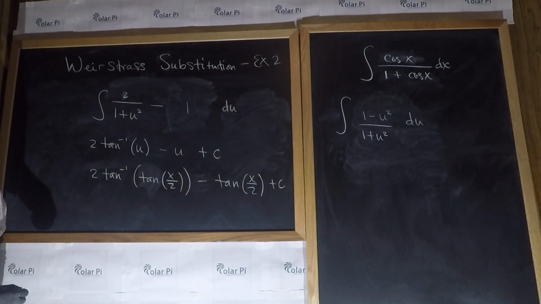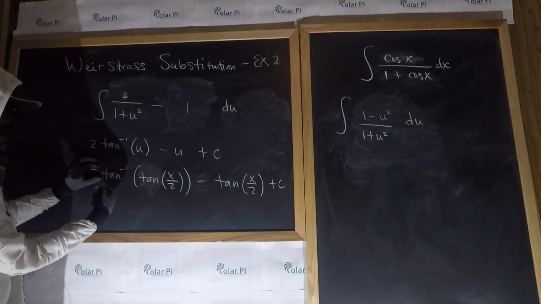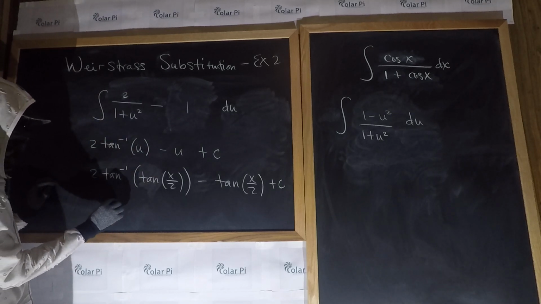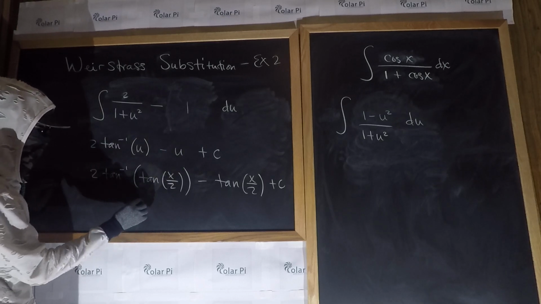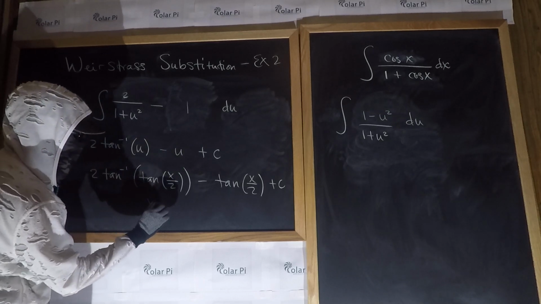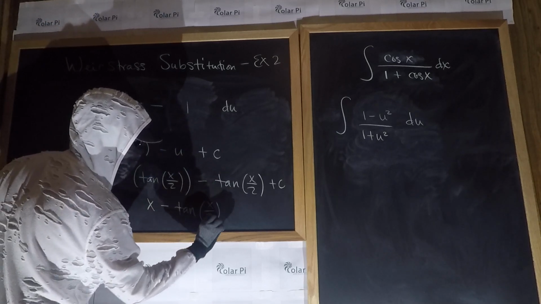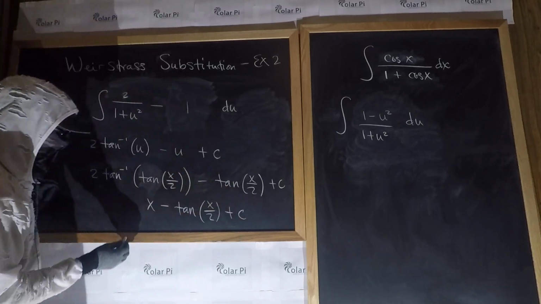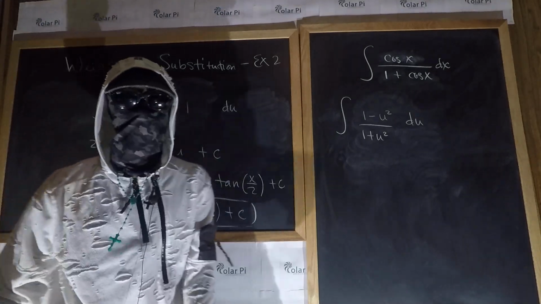Now, other than this 2, tan inverse and tan undo each other, and then when we multiply by 2, we're going to get 2 times x over 2, so that's just x minus tan of x over 2 plus c. Yeah? Okay, cool. I will see you later.